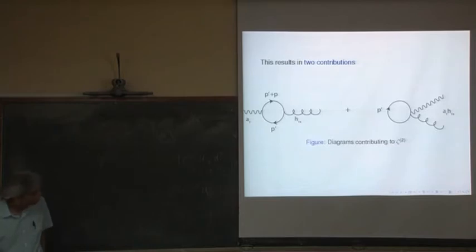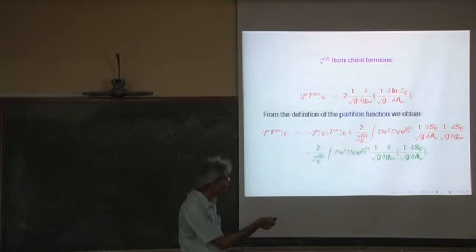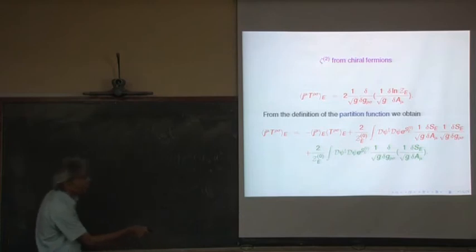So there are two contributions. One is from here. As you see, this is roughly the current itself. Del S by del A is the current. And del S by del G is basically the stress tensor. So this is the JT 2-point function, the usual contraction. And this is the term where the two things are together.